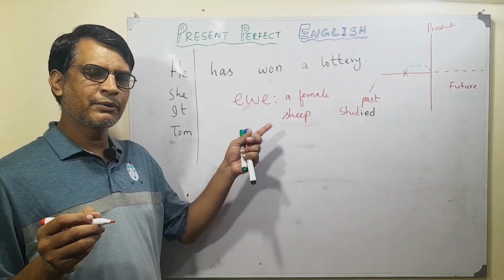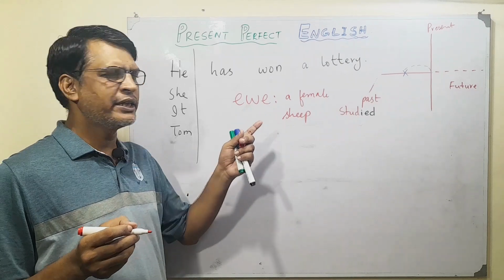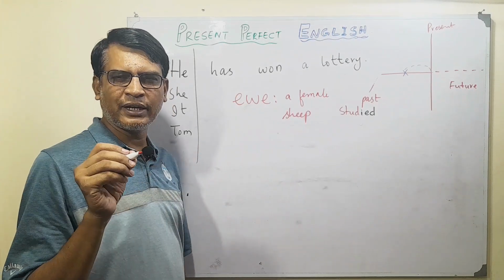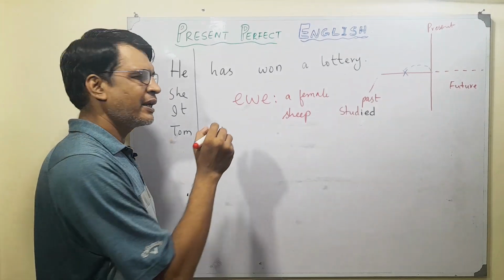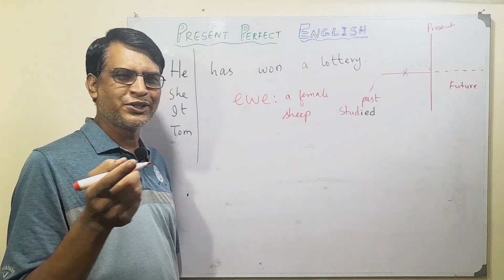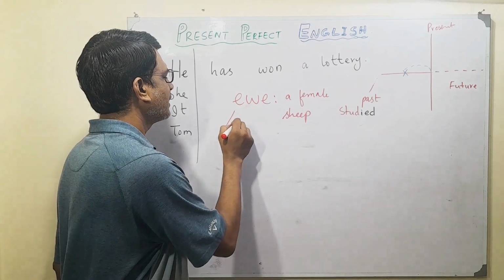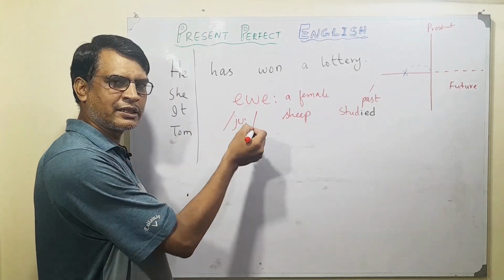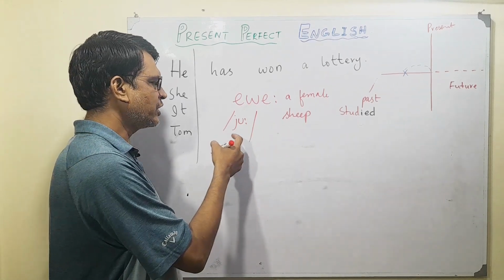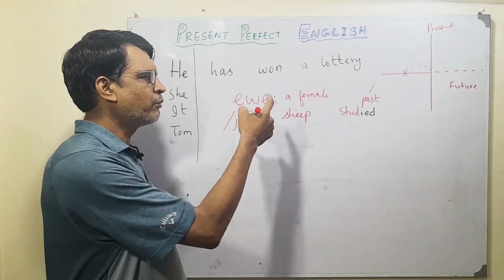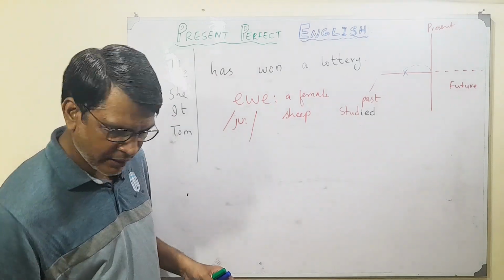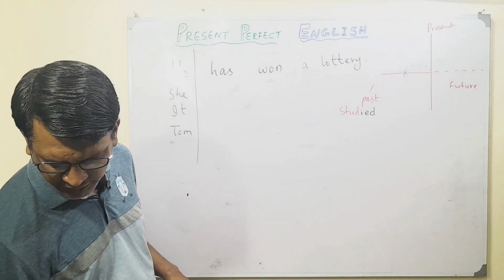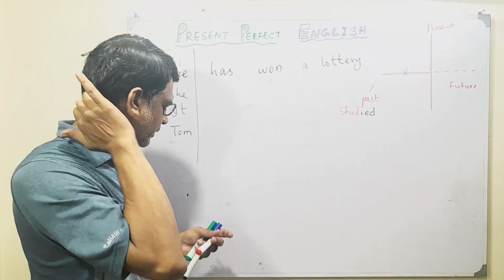In this case, EWE, we might say it in different ways, but this word has a very, very weird pronunciation. It is "you". If I write it in the phonetic script, it is ya and oo. This is how we write pronunciation. You, which is a female sheep. So pronunciation in English is really funny, weird, whatever you call it.